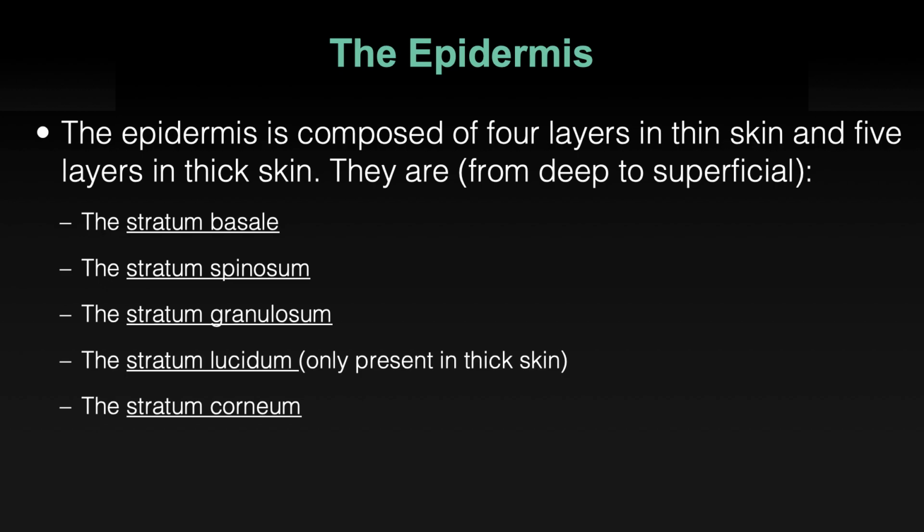From deep to superficial, they are the stratum basale, spinosum, granulosum, lucidum, which is the special case, and corneum. And I'm introducing them now. We'll talk about them in detail when I go back to that figure. Lucidum is here. It can be there or not. Depending on the type of skin that you're looking at, it might have the stratum lucidum.